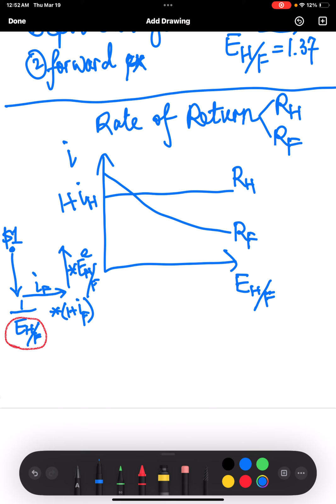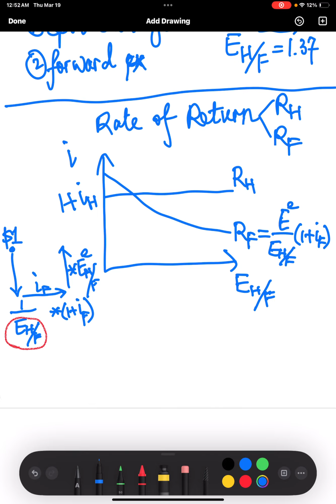So after this whole process is completed, you can have a leveled comparison. So this rate of return of the foreign asset is really that you convert it into the foreign currency first, and then you multiply by the interest rate on the foreign asset, and then convert it back with this expected exchange rate, back to your home currency.